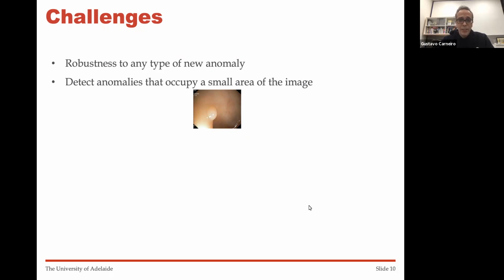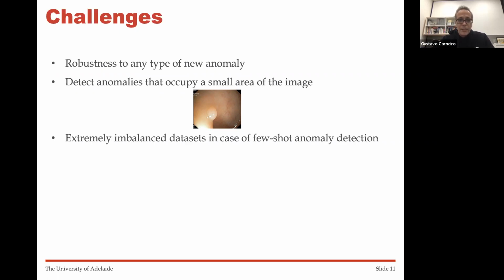In this example, you see a colonoscopy image with this very small polyp. That's true for the other images that I showed before, in mammography, for example, with small lesions. It's a big challenge because trying to find these small regions in the image, when the whole image looks pretty much normal compared to the normal population, becomes really challenging.